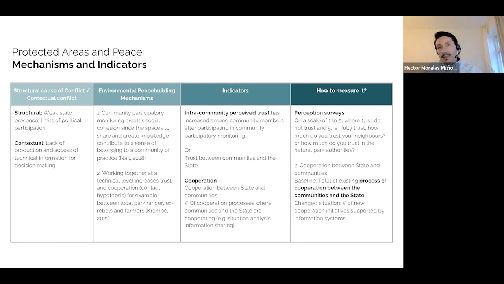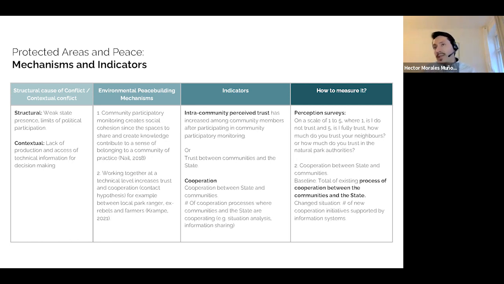The mechanism behind the impact on peacebuilding was that participatory monitoring creates a community of practice, and also the contact hypothesis: bringing conflicting parties together, such as park rangers and farmers or farmer guerrillas, and having a common goal, which was monitoring the biodiversity, helps them to create social cohesion.